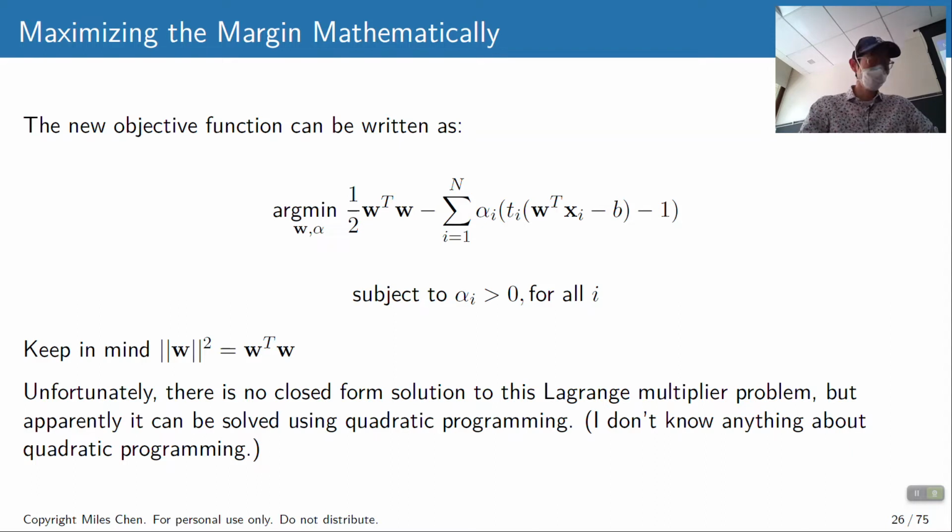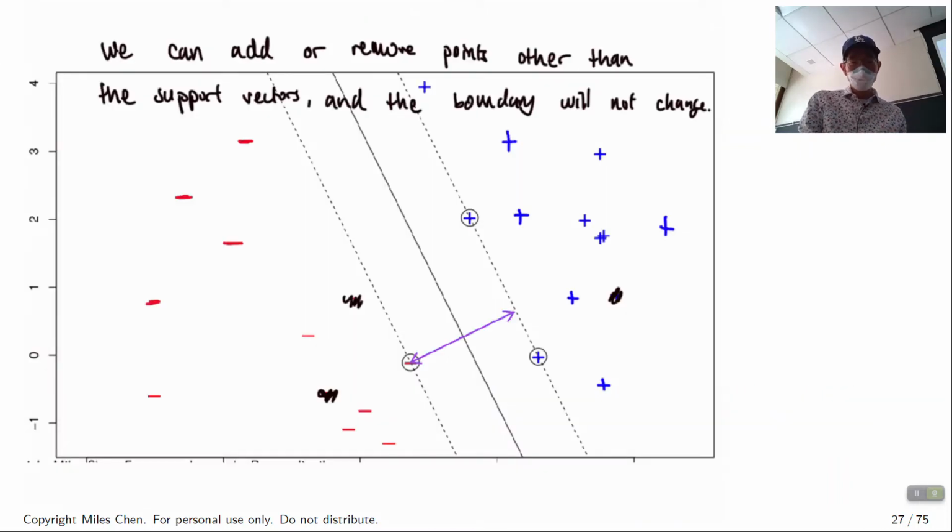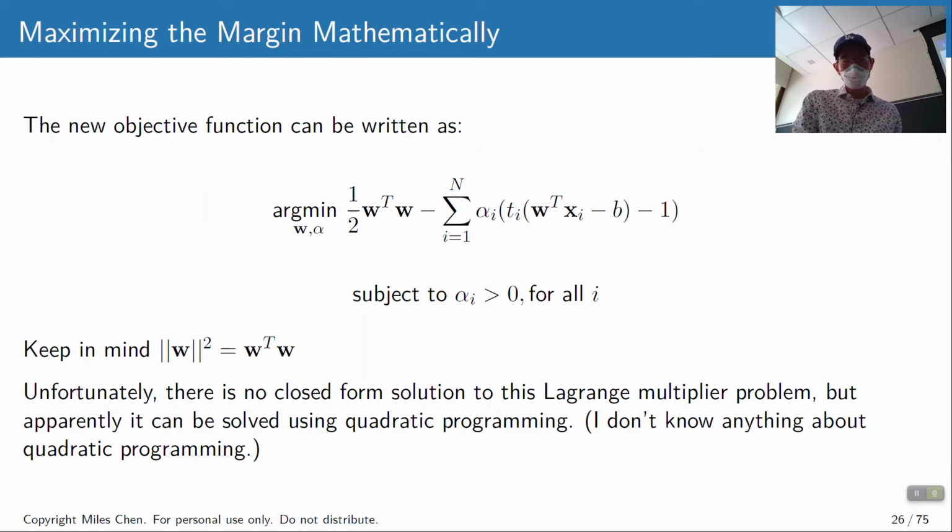But apparently there's a way to get the answer numerically through quadratic programming, but there's not a closed form solution. Once you get it into this form, you can put in these constraints, and then you can have the computer iteratively arrive at a place where you can minimize this, okay? And when you do this, you get the solution for w that's going to solve this problem.